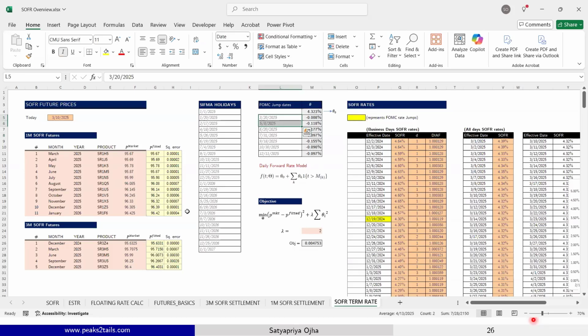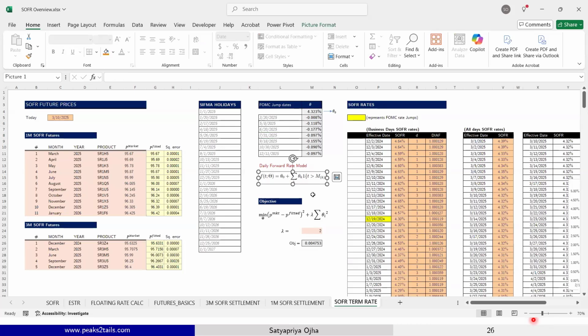Daily forward rate, like the expected overnight SOFR rate, will be constant. That is my model. Simple model, because it's almost like a constant, right? Only jumps after the FOMC dates. So theta is just like the top up, the jumps that keep getting accumulated right after the FOMC meeting dates. These are published in advance, as in the dates are known in advance. So I can use that to model the evolution of my daily SOFR rates.